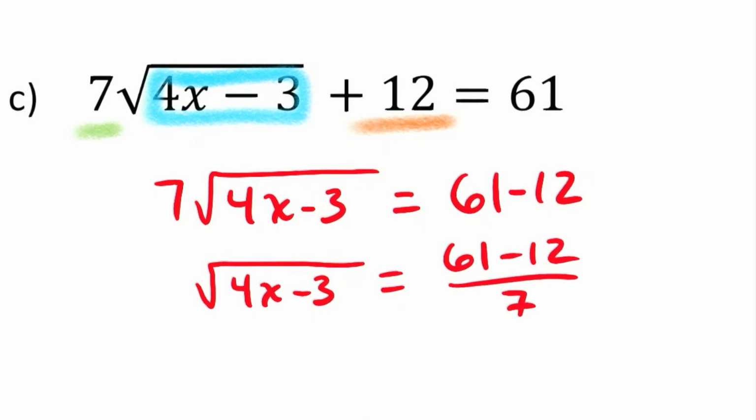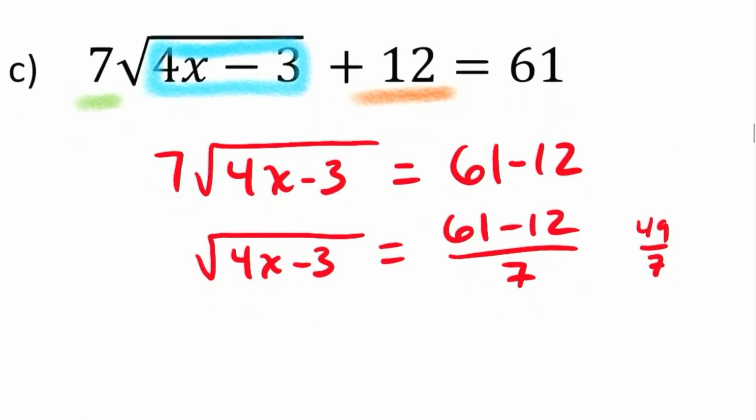I should do that arithmetic. I think that numerator is 49. Let me check with my calculator. Yes. And the denominator is 7. So this is actually the number 49 divided by 7, which is the number 7.